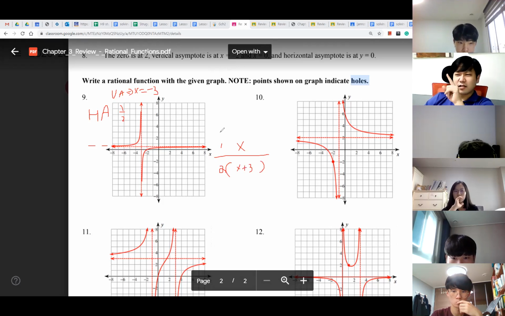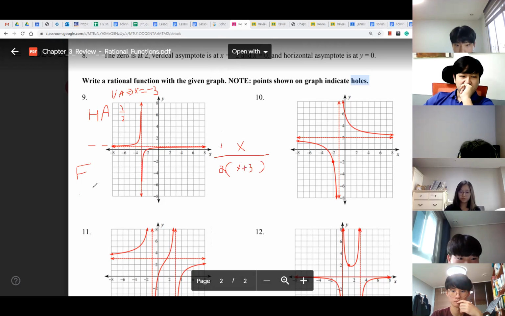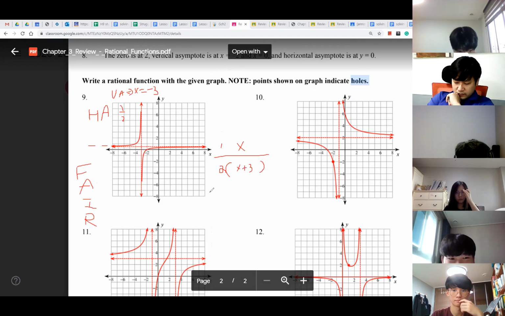Okay, there's another hint from the graph. Let's go to Robert. Can you find the last hint? What are we missing? Okay, how about Philip?